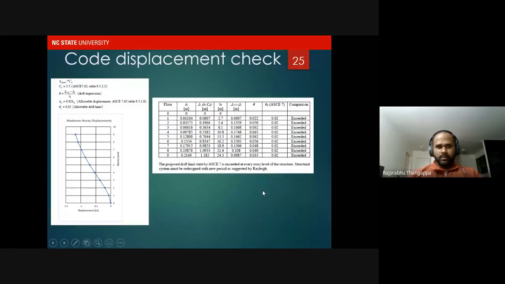So this would have given us an idea of the steps involved in force-based design, and I would conclude by saying the design community is moving towards displacement-based design rather than basing the displacement on forces.